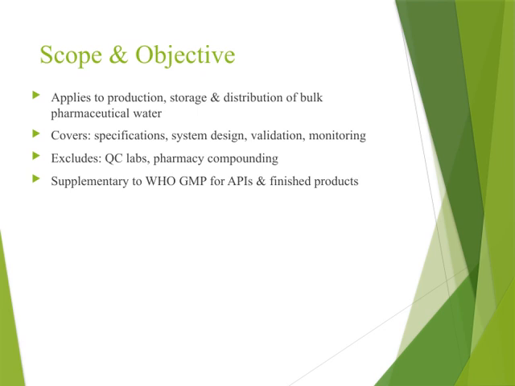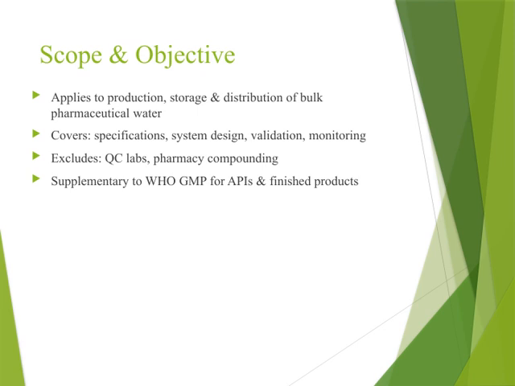It's important to note what is excluded from this scope. The guideline does not cover quality control laboratories or pharmacy compounding, which are separate areas with their own specific requirements. Additionally, this guideline is supplementary to the WHO Good Manufacturing Practices for active pharmaceutical ingredients and finished products.